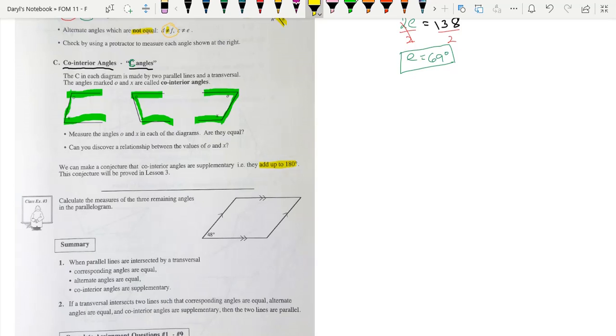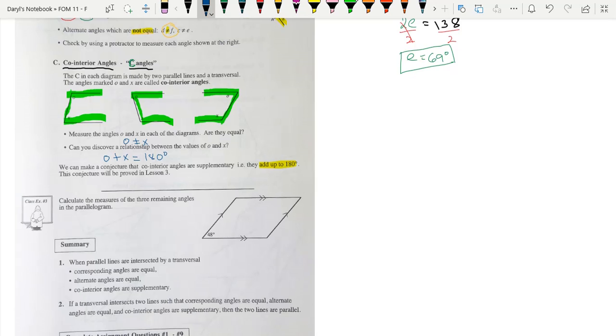However, if you add the two, O and X, you can expect that the answer is equal to 180 degrees. So again, O plus X should give you an answer of 180 degrees. O is not equal to X. Try to prove that one. Try to measure it out. Maybe it's not that accurate, but it should be close to 180 degrees.